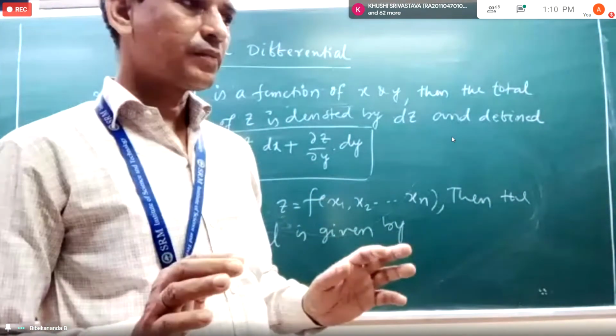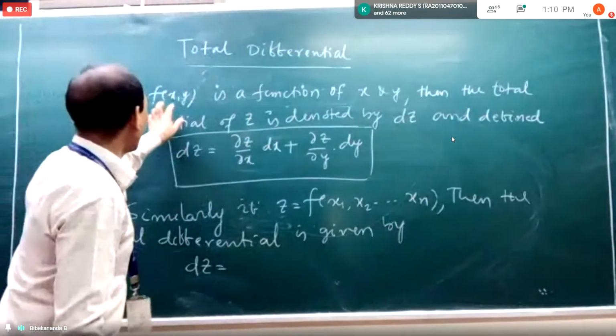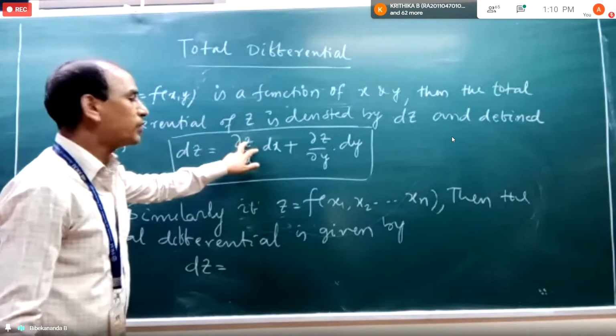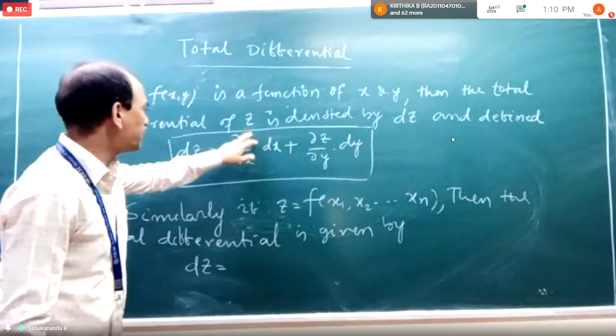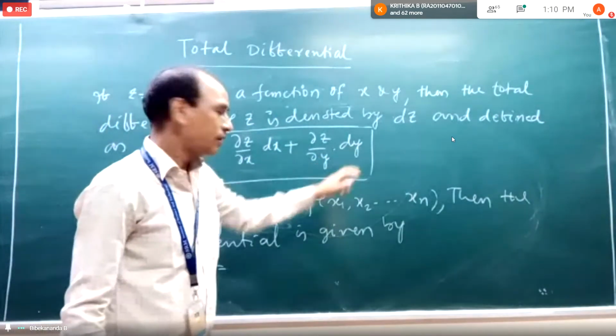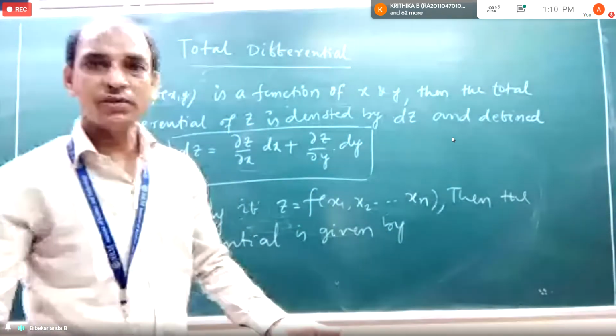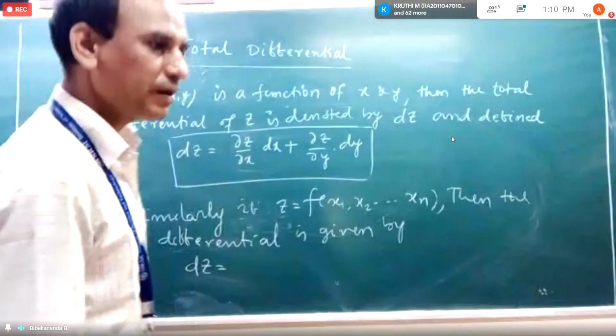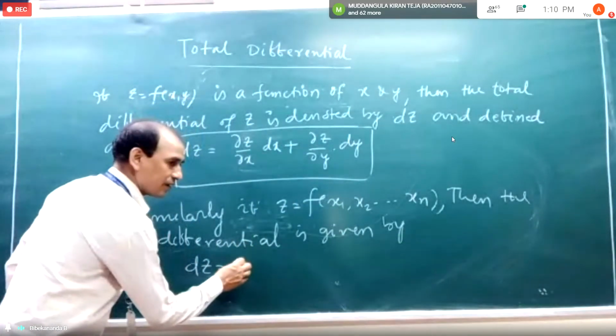We are having two variables, and we write the total differential as dou z by dou x into dx plus dou z by dou y into dy. But here we are having n variables. So how can we write the total differential?